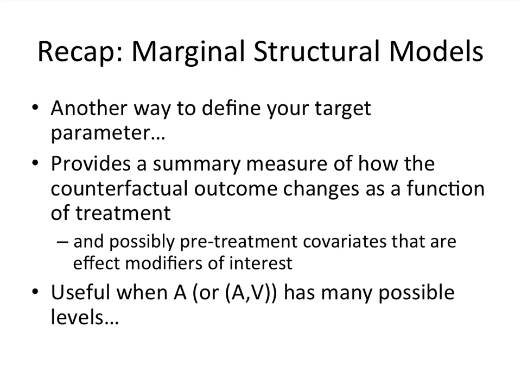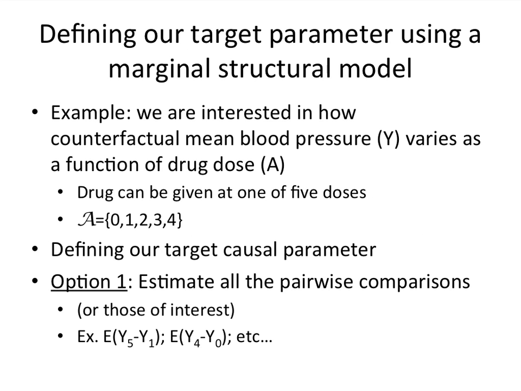So the additional ideas here are only really useful when either A has many levels or a combination of A and some other covariate for which you want to look at the effect within. So it's a subgroup effect you want to look in, with many possible levels. We can look at blood pressure as a function of drug dose, not when it has just high and low, but when it could have a sequence of ordered values.